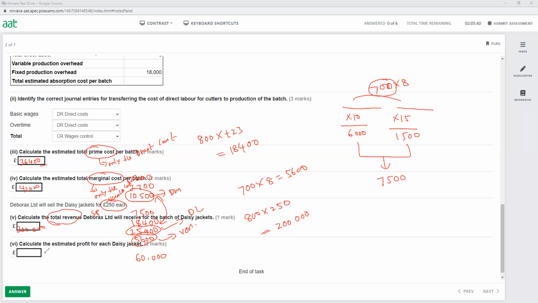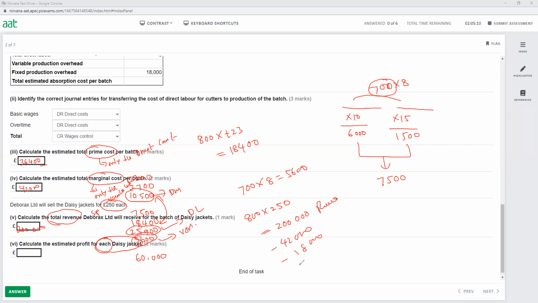Next one, it says calculate the estimated profit for each Daisy jacket. So let's find it out. How much is the total profit? My total revenue is 200,000. From the revenue, I have to take out all the cost. I have a marginal cost that is 42,000, minus 42,000, and we have a fixed cost of 18,000.